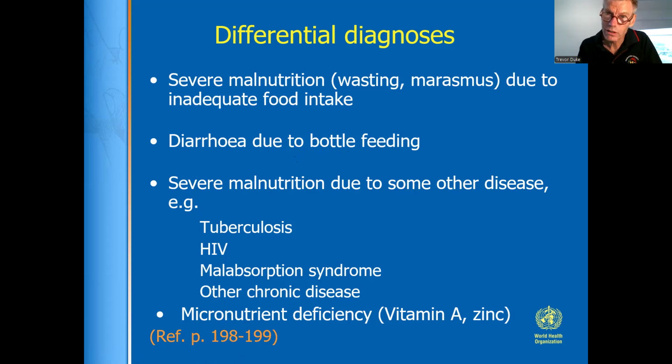If families are formula feeding their babies, then there are several risks. One is that they might dilute it incorrectly and give a dilute feed with low caloric intake, with reduced calories compared with what's recommended.